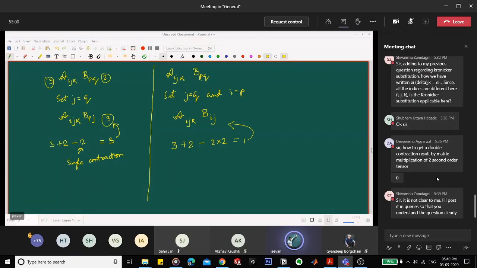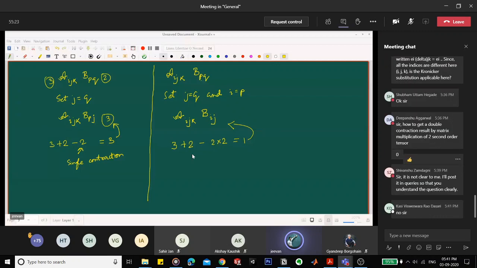So students, if you have other questions, so Kashi Vishweshwara Rao Dasari, you are raising your hand. Do you want to ask something? You have lowered your hand now. Okay, so now Hima Vamsi Krishna is raising his hand. Do you want to ask something? If not, you can lower your hand.